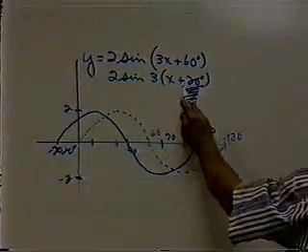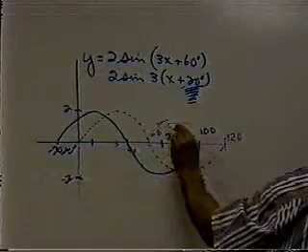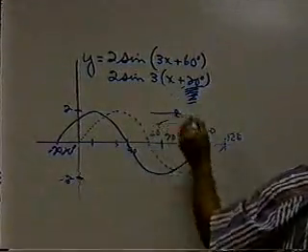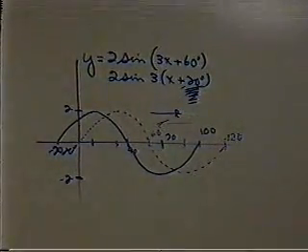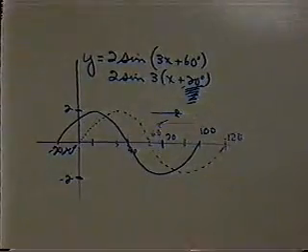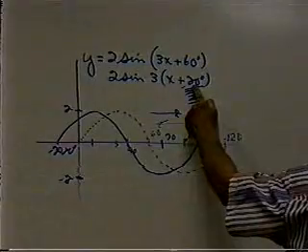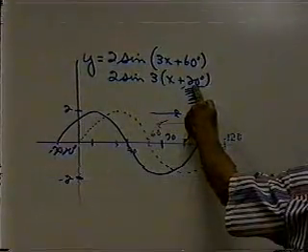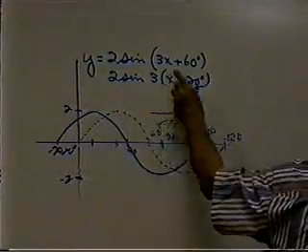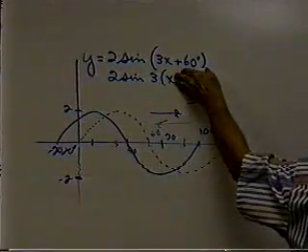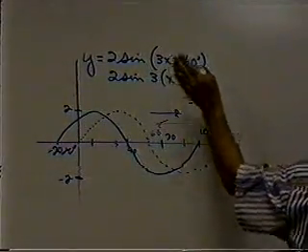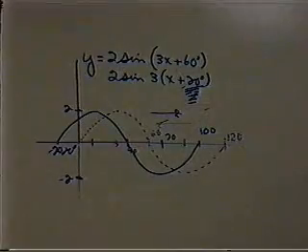Now watch, listen. Positive shifts it that direction. If you put a negative, it shifts it this direction. That's all there is to it. If you'll follow my procedure, if you have a number in here, then you simply do this without the number, dotted, and then just shift it that many degrees.